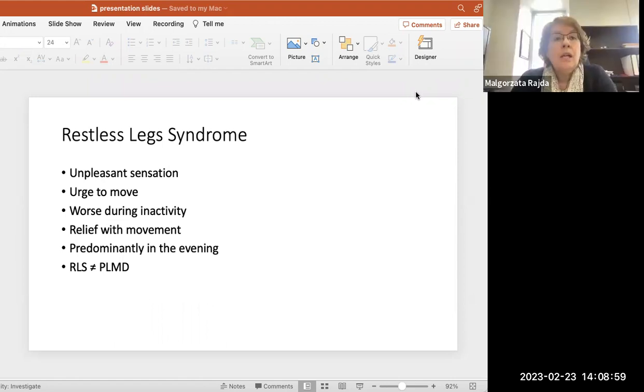Okay, so I'll start with the actigraph. Actigraph data is quite reliable, but remember that it does not measure sleep directly. It measures activity and inactivity.